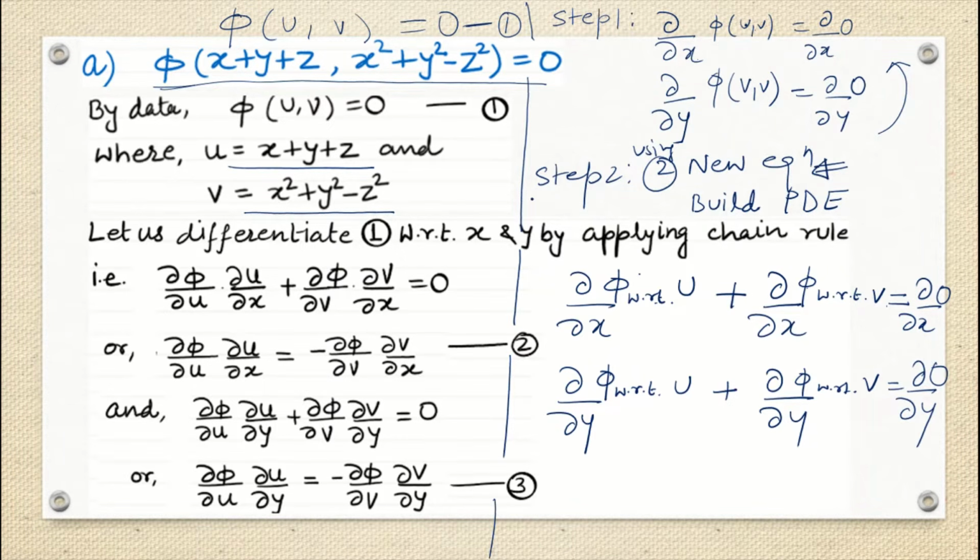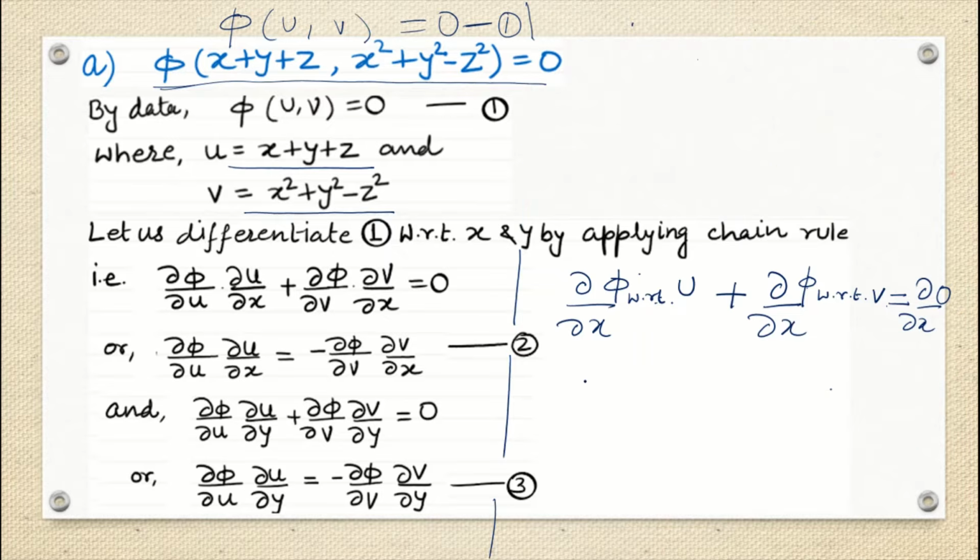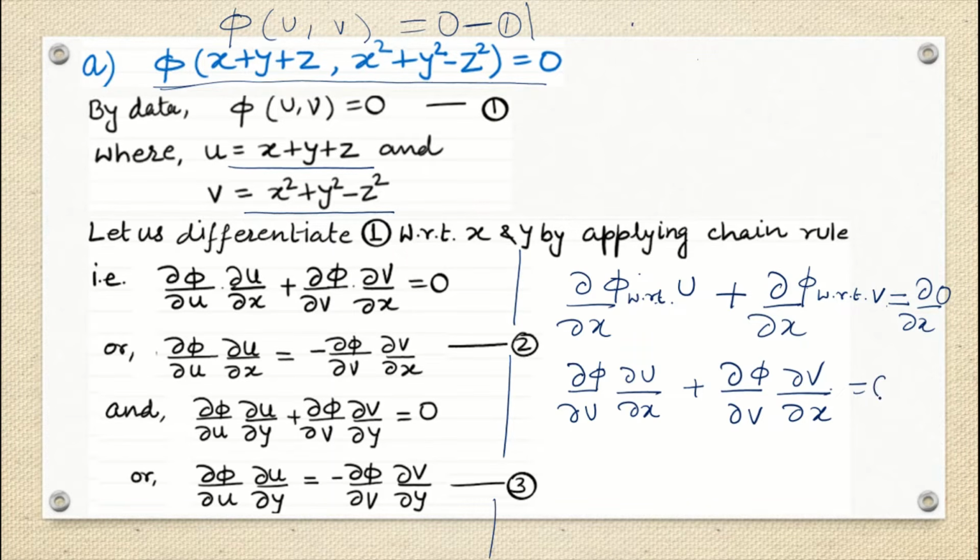Now I am writing del by del x of phi with respect to u, plus del by del x of phi with respect to v. And the right hand side is what? Del by del x of 0 is nothing but 0, because del by del x of a constant will give you 0.